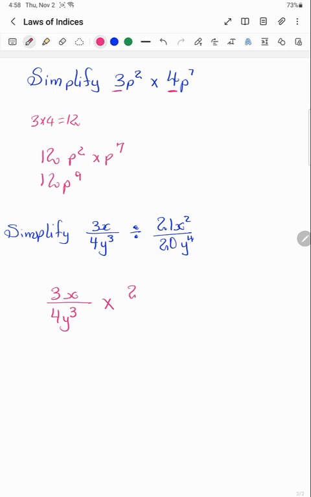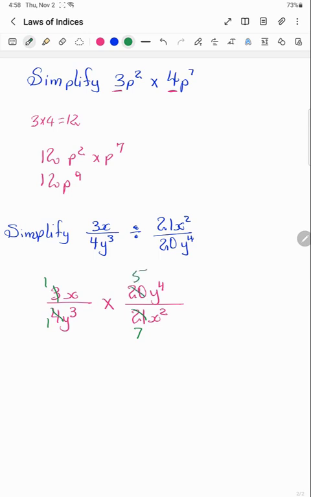So we have 20y to the 4th over 21x squared. Now whenever we're multiplying, we can actually do some cancellations across. 3 into itself once, 3 into 21 goes 7 times. And 4 into itself once, 4 into 20 goes 5 times.